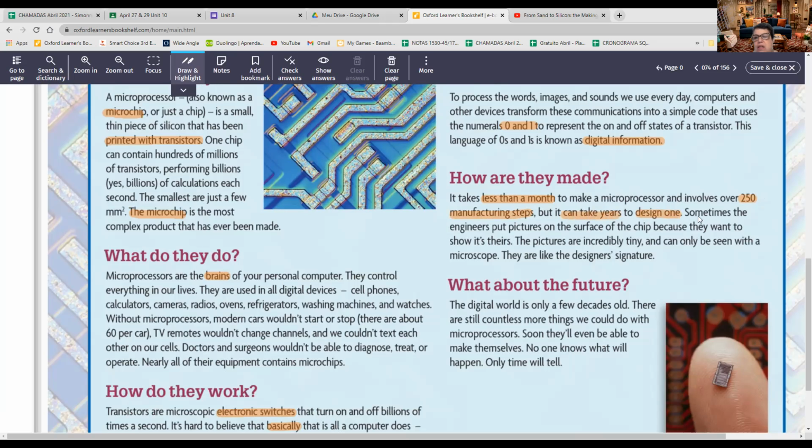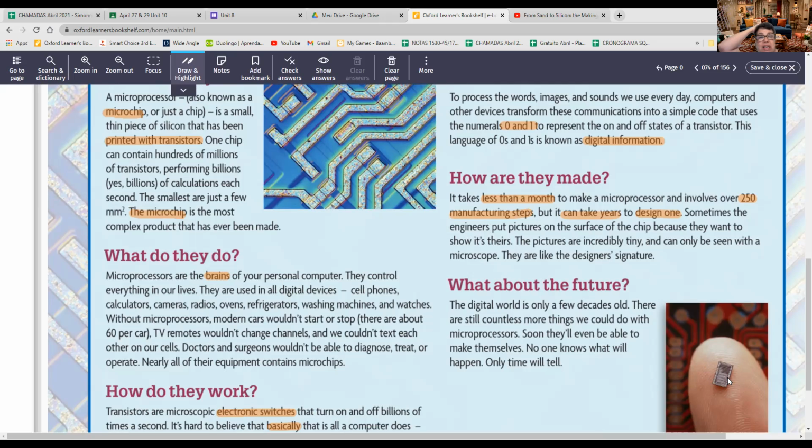Sometimes the engineers put pictures on the surface of the chip because they want to show it's theirs. So here, for example, we have a microchip, and the engineers sometimes print an image that we cannot see with the human eye.